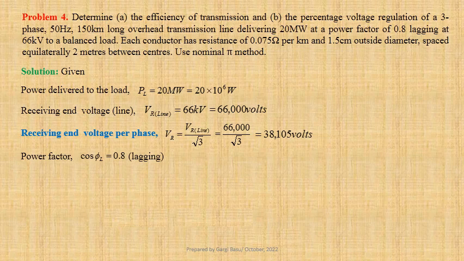Now we shall calculate power factor angle. Phi L equals cos inverse 0.8, that is equal to 36.8699 degree.